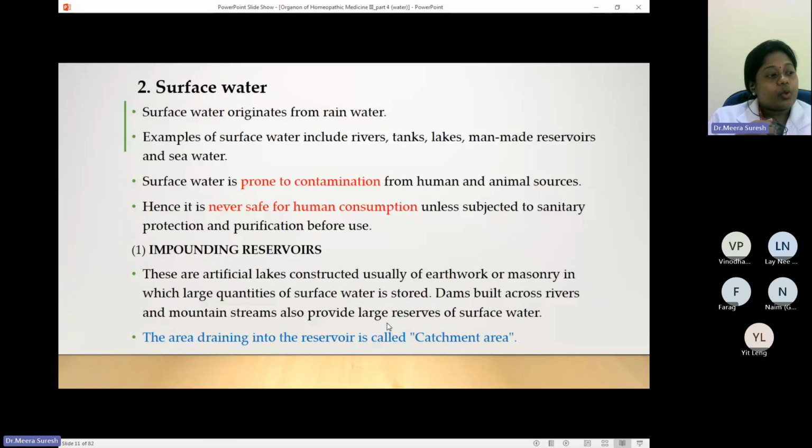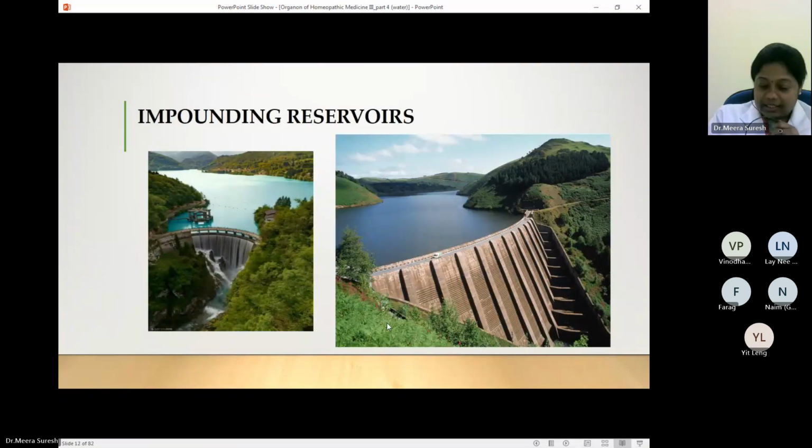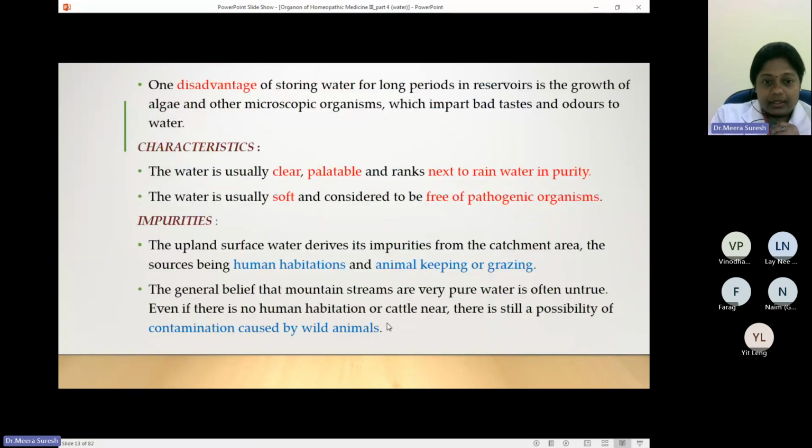So it is very much prone to contamination, but still safer. Second rank in safety to use when compared to other water sources. After rain, second in rank.